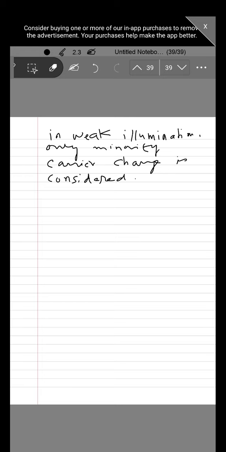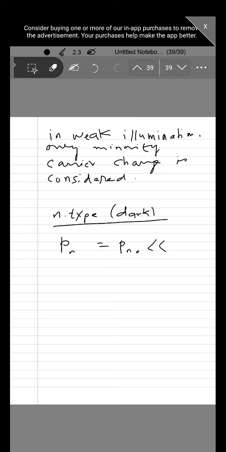For example, if we have an n-type semiconductor kept in the dark, the number of holes in this n-type is equal to the number of holes at equilibrium, which is much less than the number of electrons.